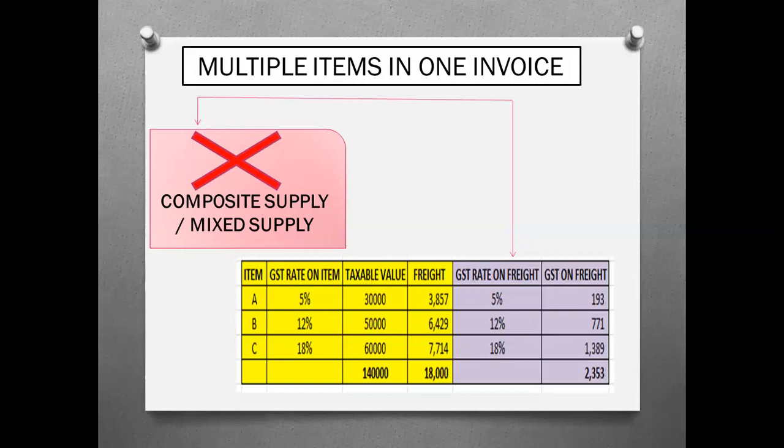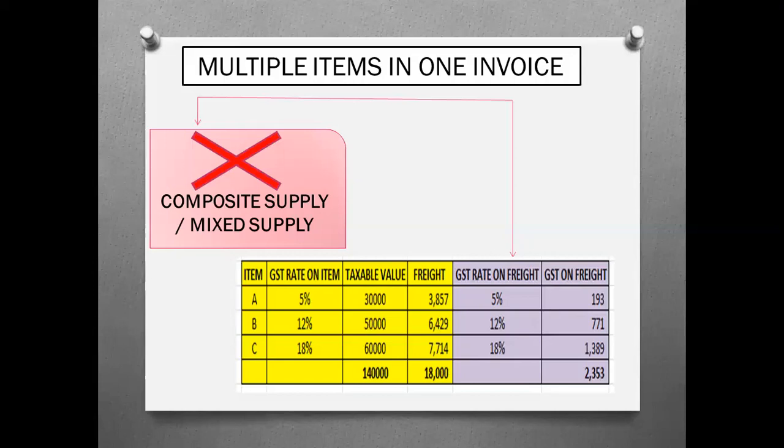This supply transaction cannot be termed as composite supply as the goods are independent items and thus cannot be termed as naturally bundled. Further, it is not a case of mixed supply either, as they can be sold separately and there is no single price for the items, but all have their own individual prices.